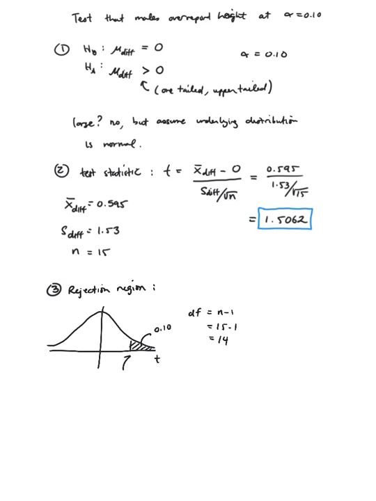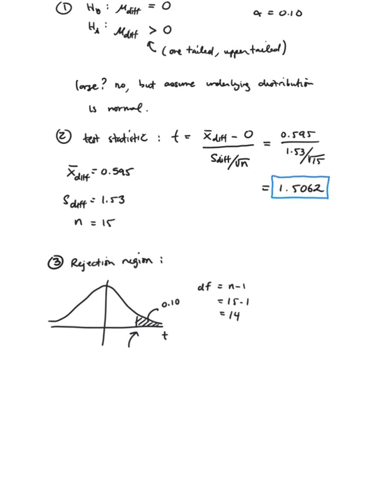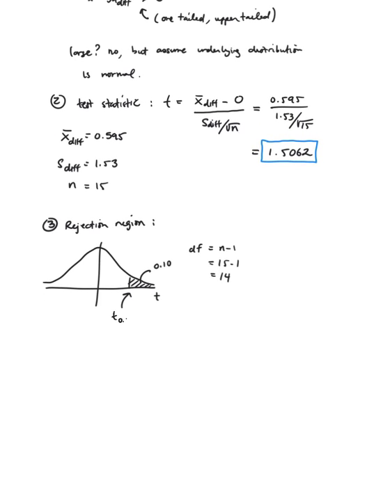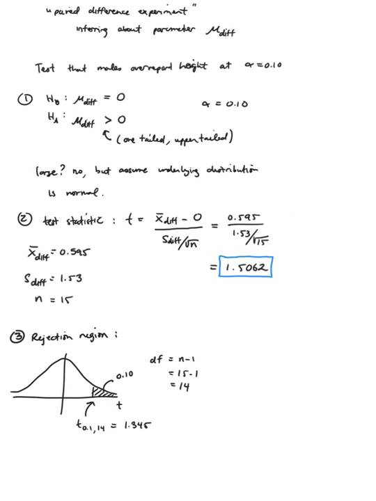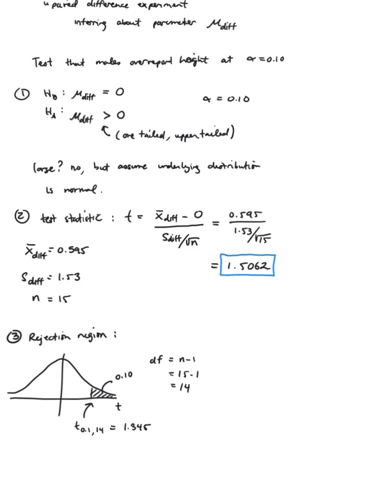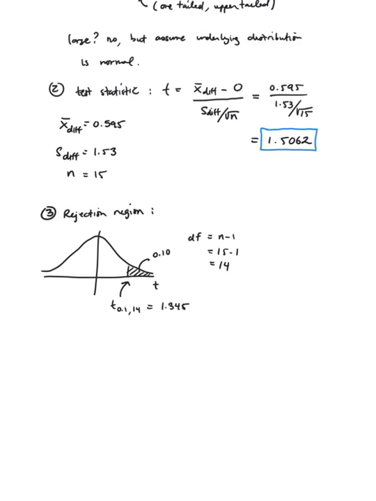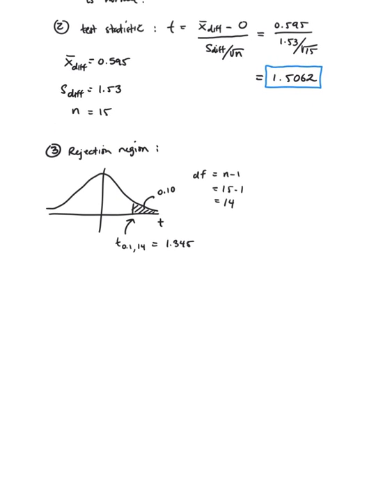And so I want here this value from the table, t 0.1 with 14 degrees of freedom. So let's walk over to the table. We've got our 0.1 right here. So the rejection region is the same, but the test statistic up here is most certainly different. It was 0.2 before, and now it's 1.5. And in fact, that, as you're going to find out, is going to change the conclusion entirely.